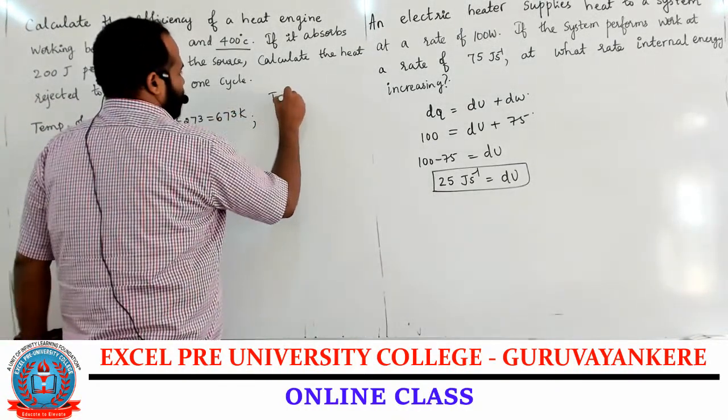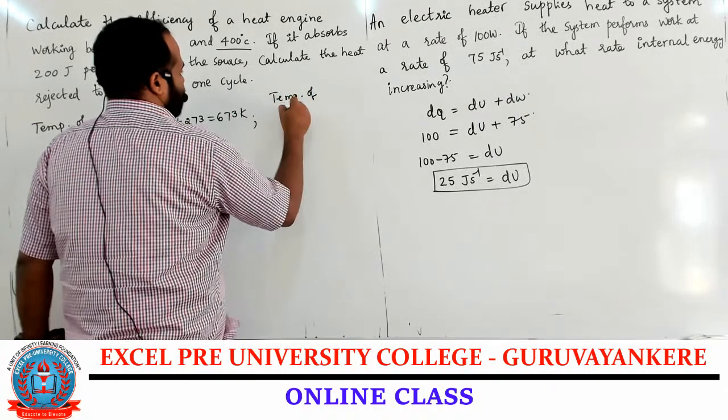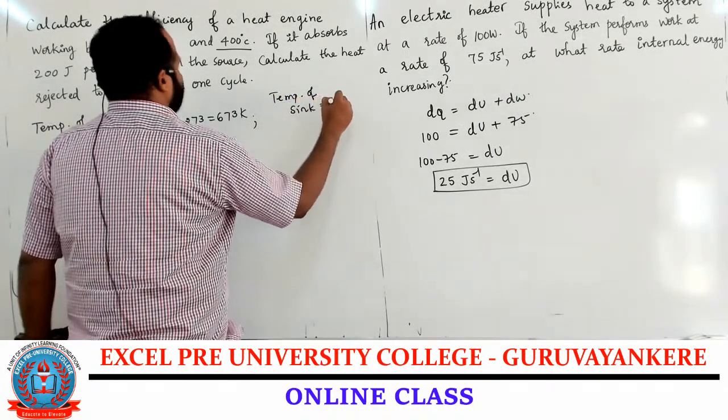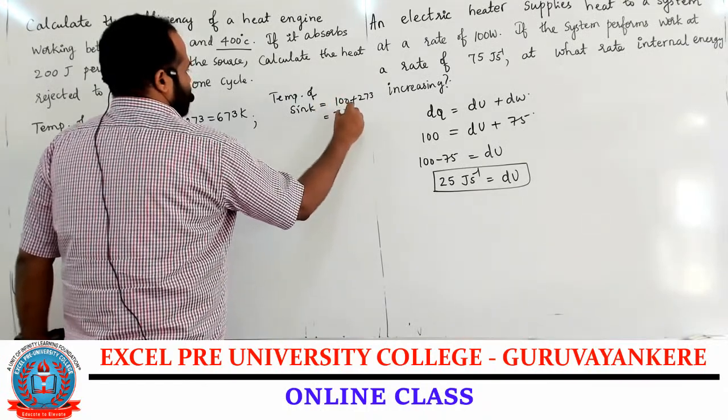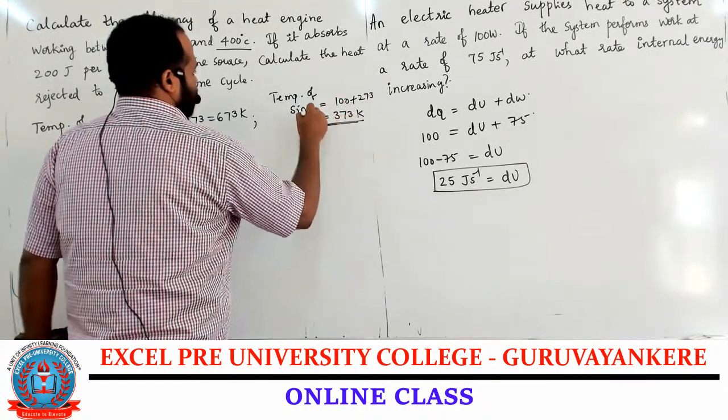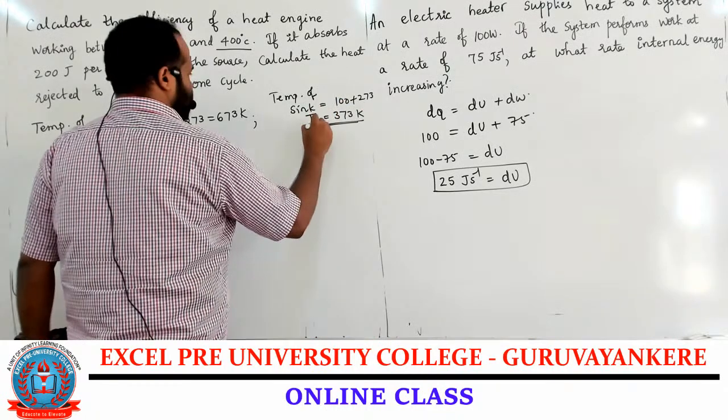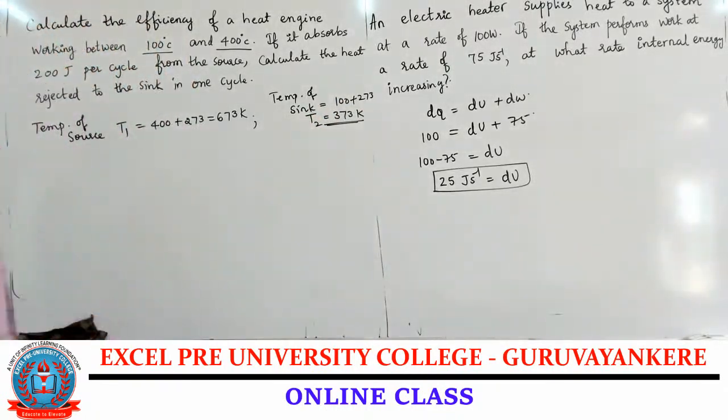Similarly, the temperature of the sink is 100 plus 273, which is 373 Kelvin. It is T2.